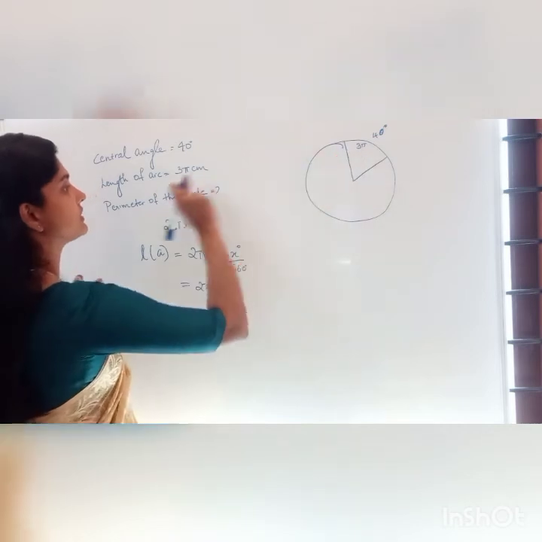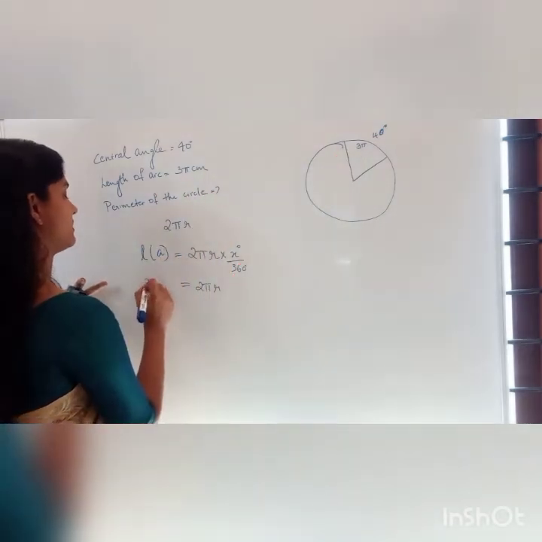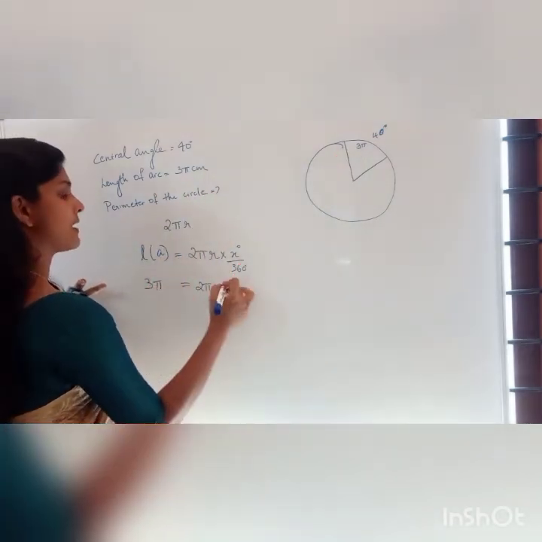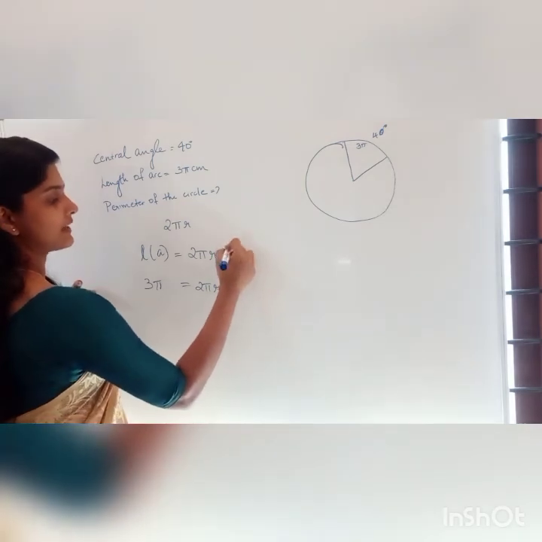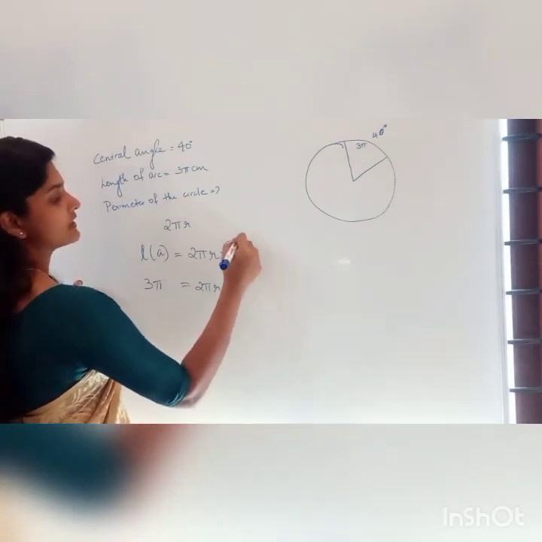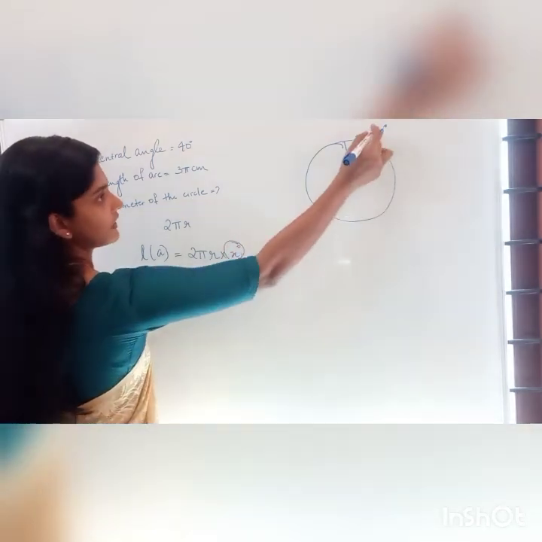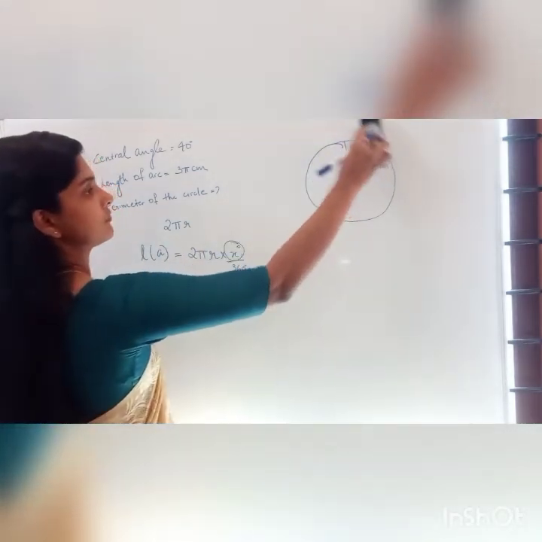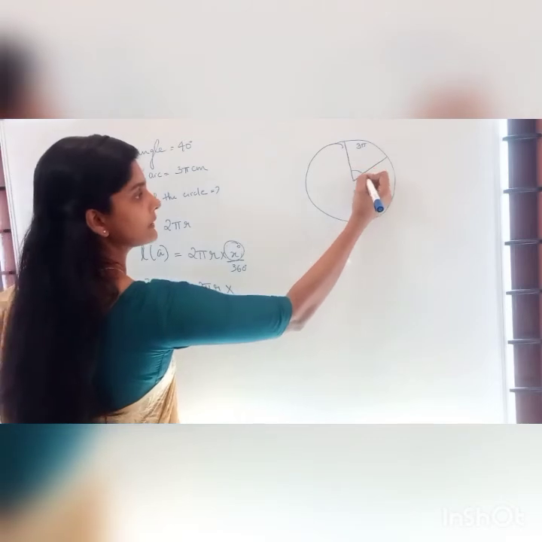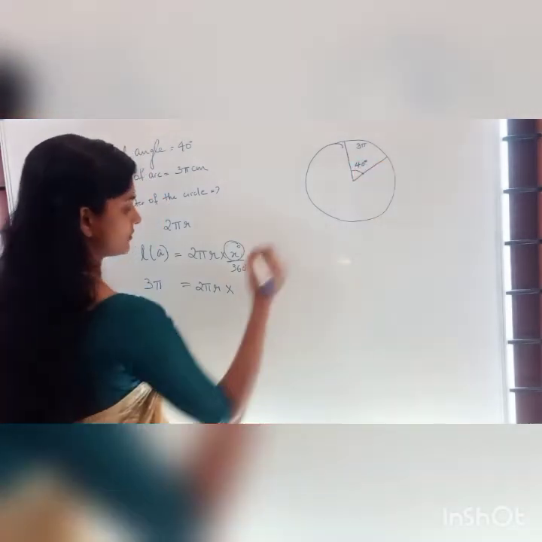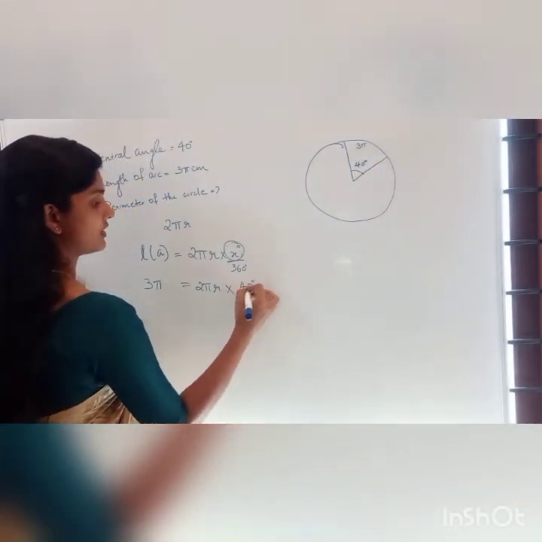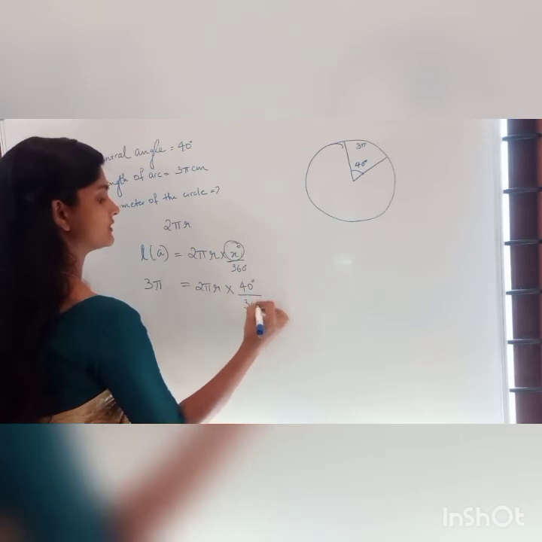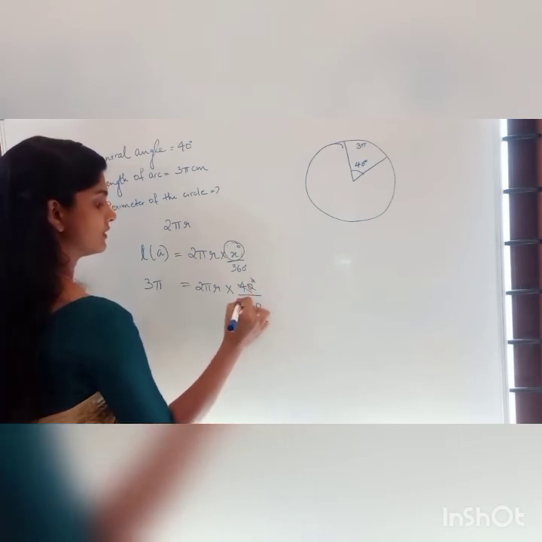It is given as 3 pi centimeter. 3 pi multiplied by x degree central angle, which is given as 40 degree, so 40 degree by 360. How much? 9.